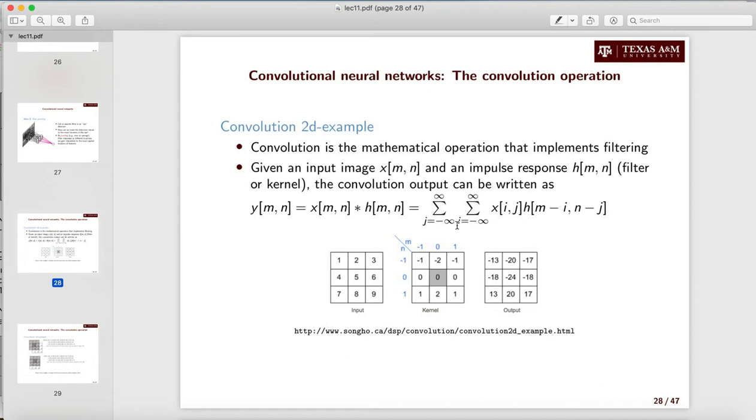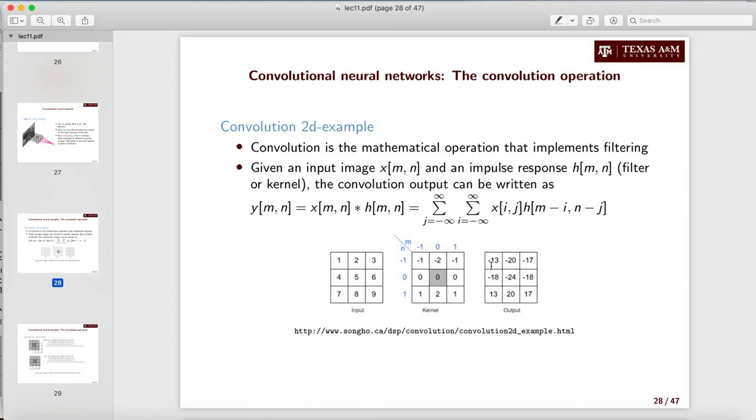In this definition, what this says is nothing but we are performing pixel-wise multiplications between this input image and shifted versions over x and y of that kernel. And after performing these multiplications between the input and shifted versions of the kernel in the xy domain, we sum that and then we get a final output for each kernel.